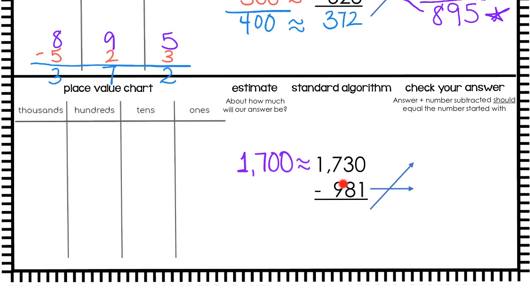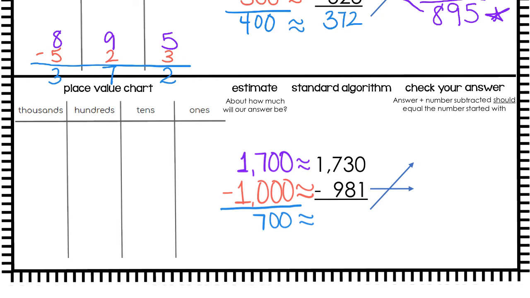Again, if we round to the nearest hundred, it's going to round up to 1,000. So I'm going to be taking away about 1,000. And 1,000 minus 700 is 700. So our answer should be about 700.